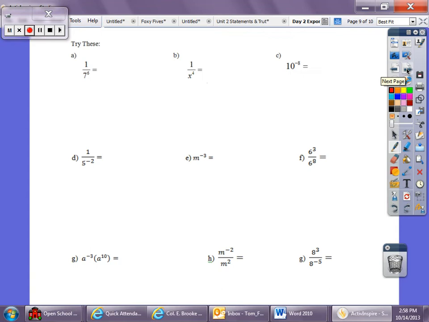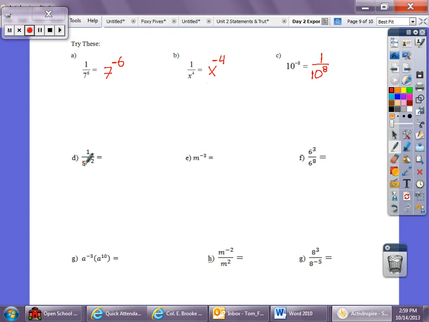Now try these. It already has a negative exponent, so we can say that this is the same as 7 to the negative 6, because 7 to the negative 6 is 1 over 7 to the 6. 1 over x to the 4th is the same thing as saying x to the negative 4th. 10 to the negative 8, well, that's going to be 1 over 10 to the positive 8.